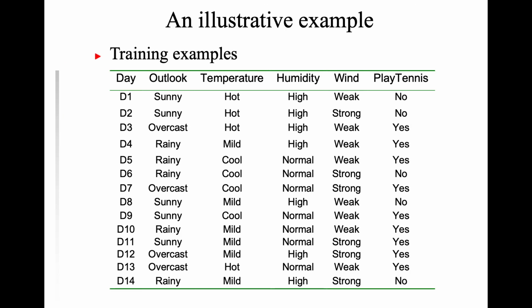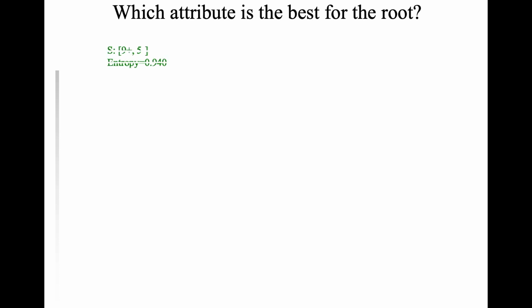Now, let's go to this example. We want to select what attribute is best for the root. So we have to check all the attributes. What are the candidate attributes in this data? Look at your table. The candidate attributes are outlook, humidity, wind, and temperature, and then you have your class labels here, which is play or not, yes, no, no, yes.